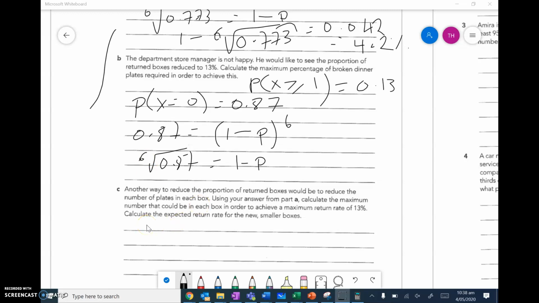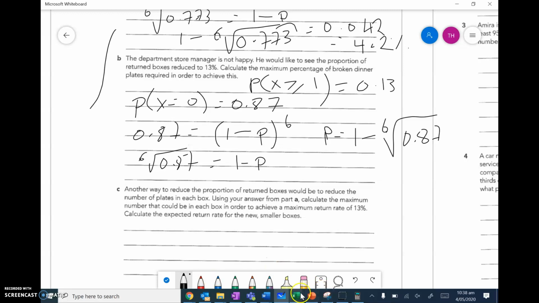Just a quick explanation of how you rearrange, but if you're going for excellence, you should know how to rearrange equations. So p equals 1 minus the 6th root of 0.87.